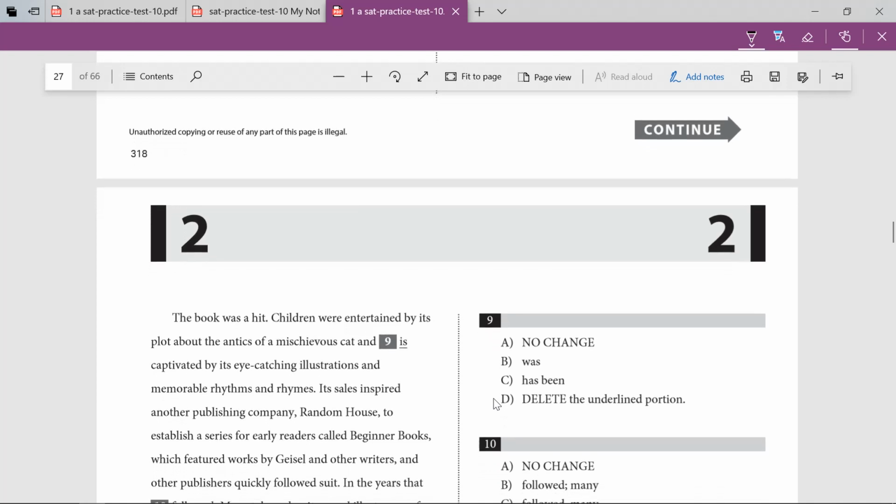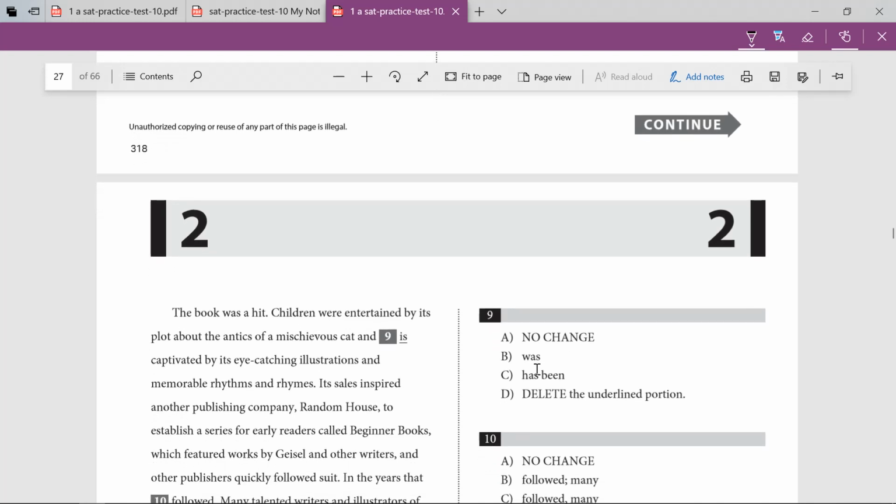The book was a hit, and all this has been. Oh, this is a tense question. Let me see what is being, was, is used here. Children were entertained, so this is again past tense, by its plot about the antics of a mischievous cat, and were captivated. We are talking about children. Who is the subject? The book was a hit. The sentence ends here. Children is the subject here.